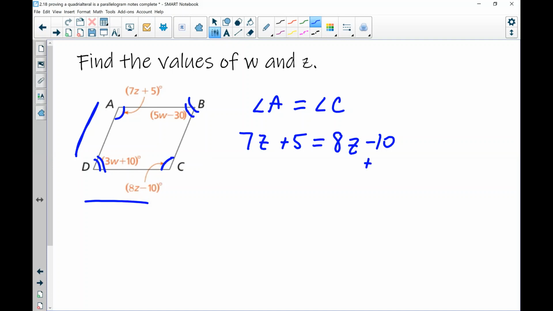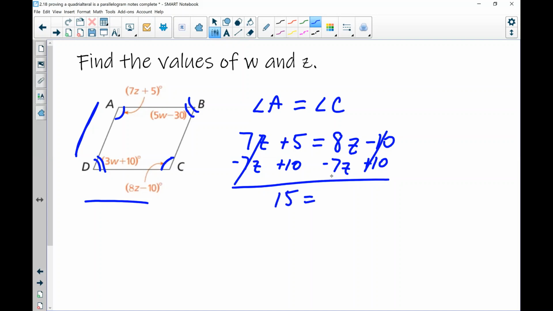I'm going to add 10 to both sides. And then I'm moving the 7Z over to the 8Z because I moved the smaller one. Okay, so those all cancel. So I get 15. And then if you do 8Z minus 7Z, you get just Z because it's 1Z. So Z is 15. Okay, very good.